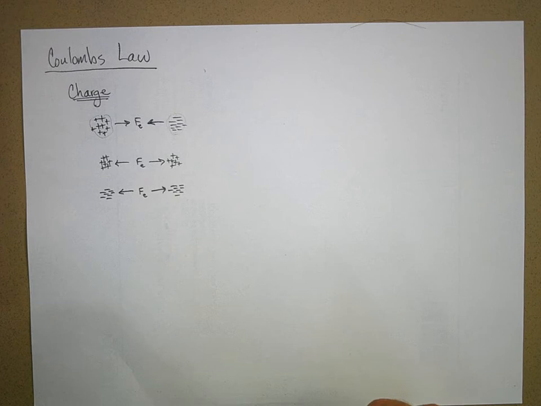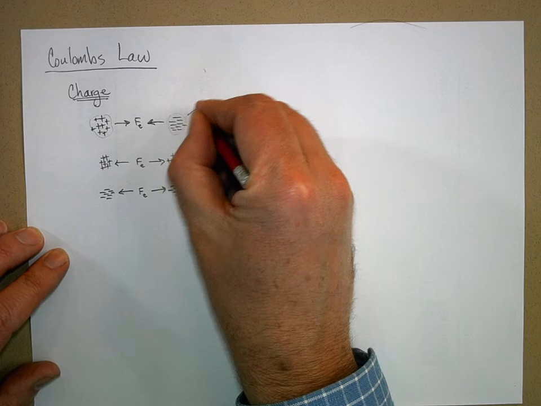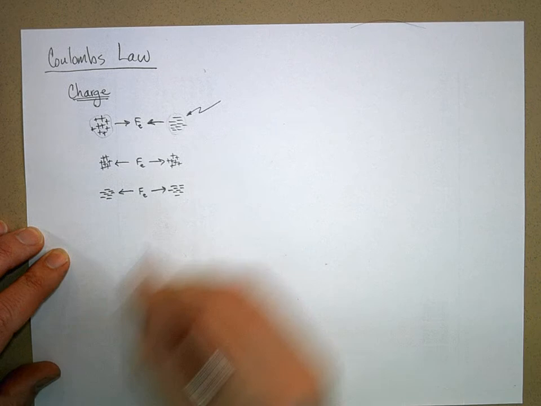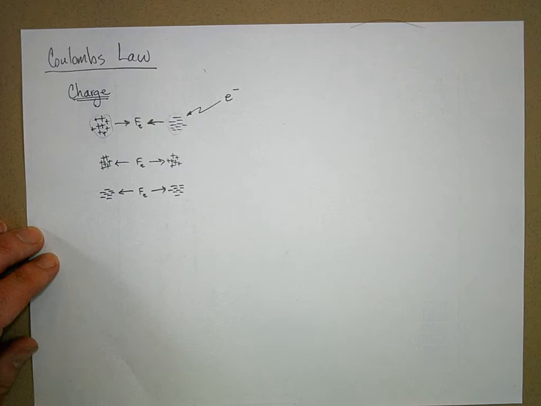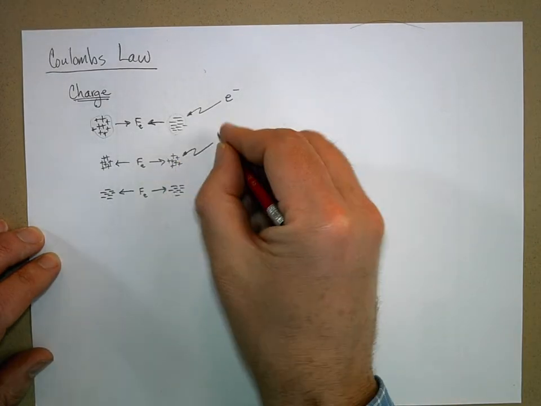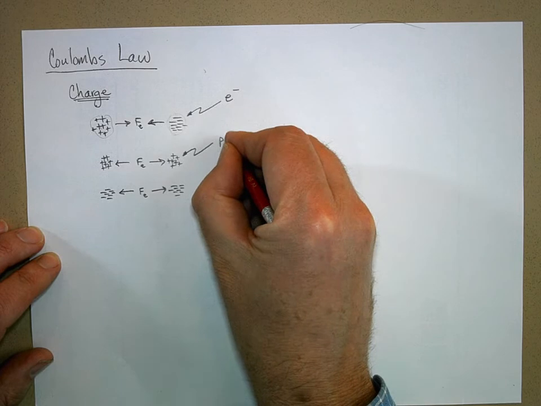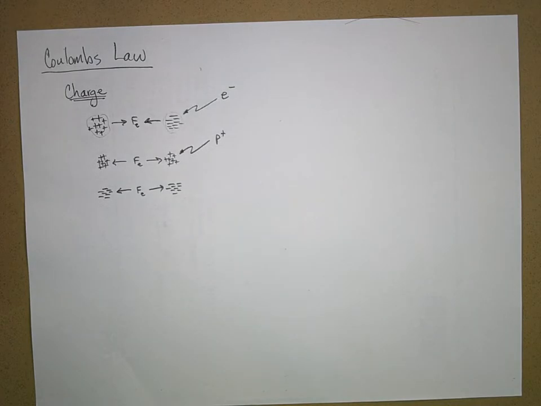Now, we know today that if something is negatively charged, it has more electrons than it has protons. And if something has positive charge, it's because it has more protons than it has electrons. There are two particles that we're made out of.